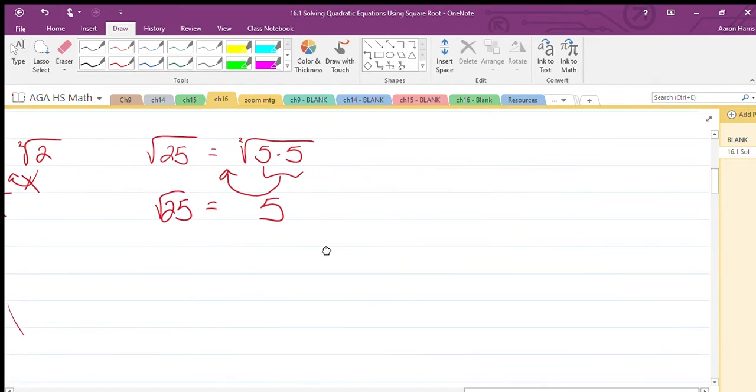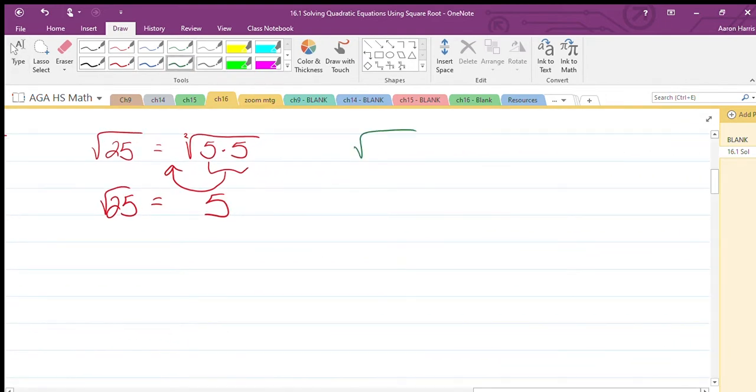Okay? And we can just keep going. Square root of 36. What is that equal to? We know that the index is 2. If it's not written, it's an automatic 2. Okay? If I break 36 down, I know it's a perfect square, 6 and 6. So I can bring out how many 6s? 1. So I get a 6. So the square root of 36 is 6.